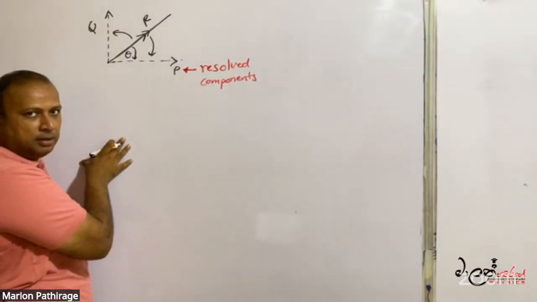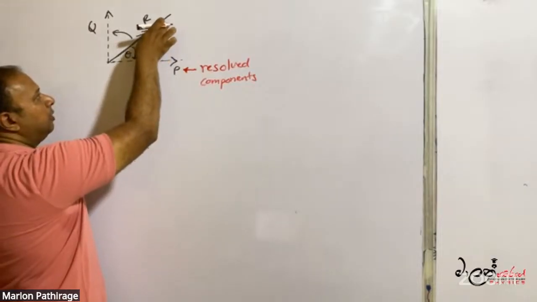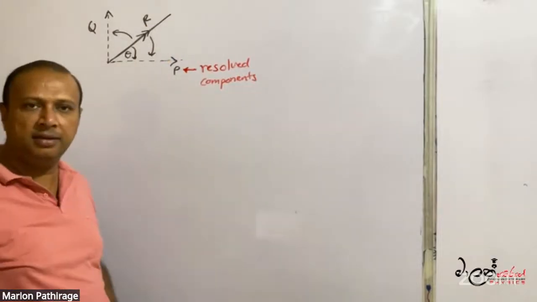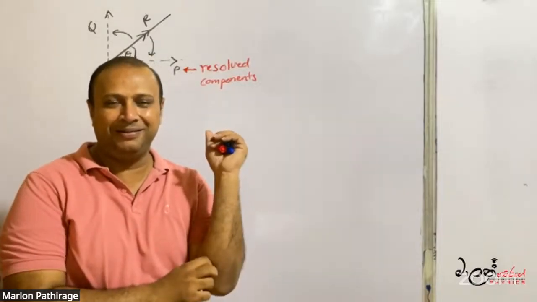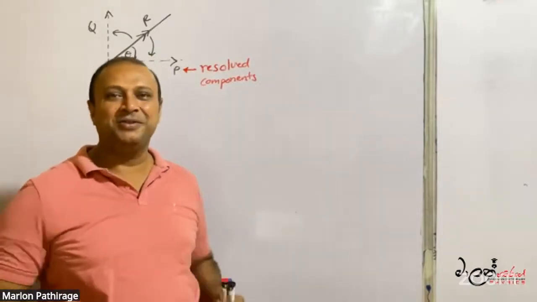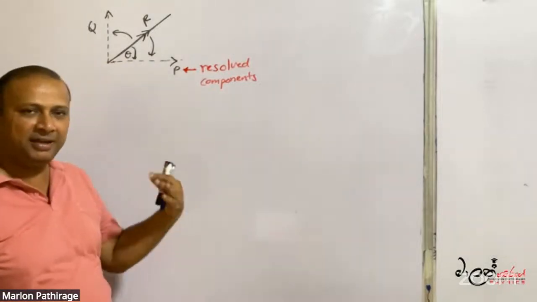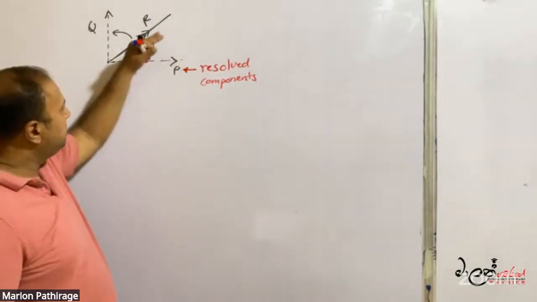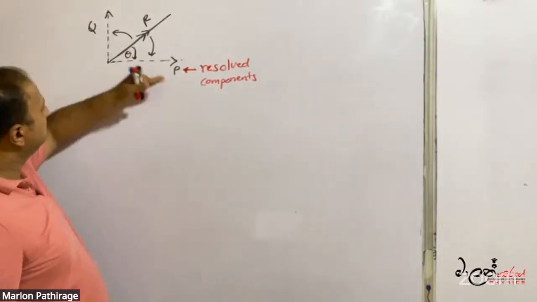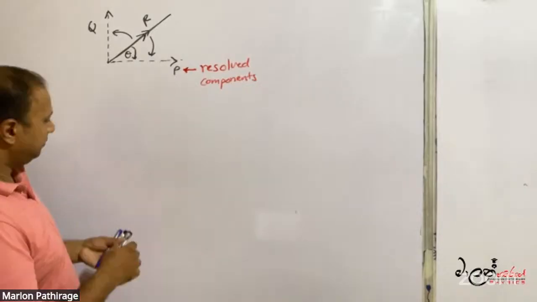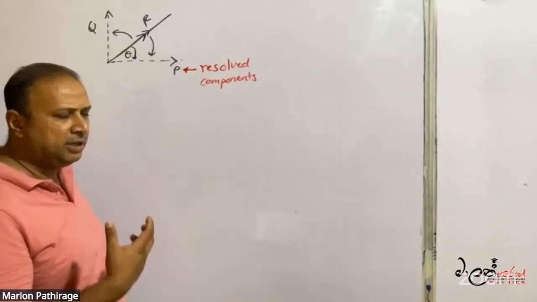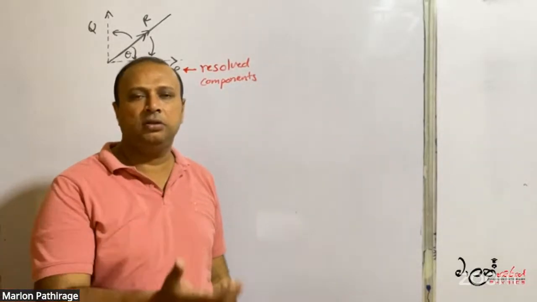Then there is no need of this vector. You cannot use all three vectors. Once you resolve the vector, you can replace that vector by Q and P. Now we can determine how to take those components.